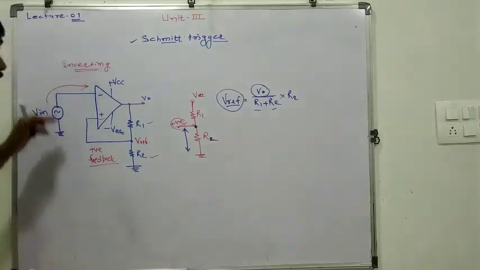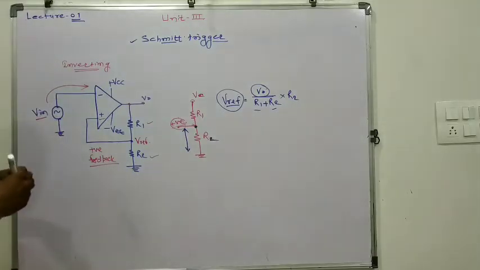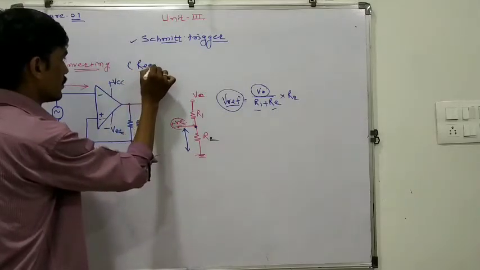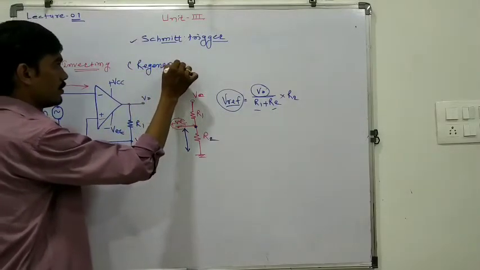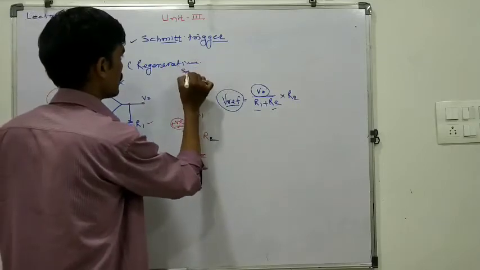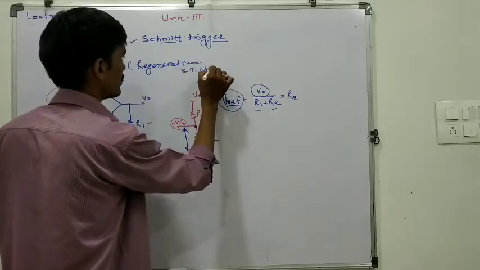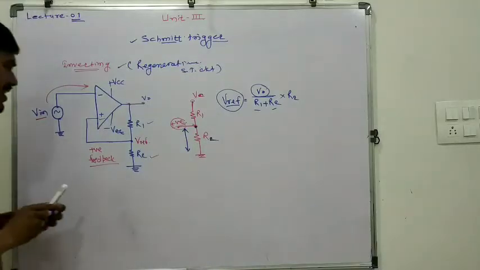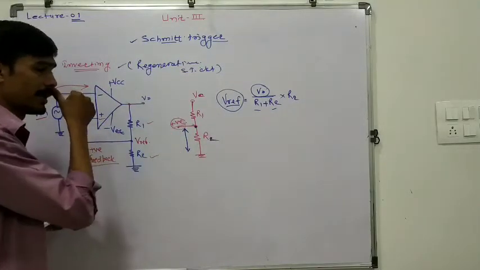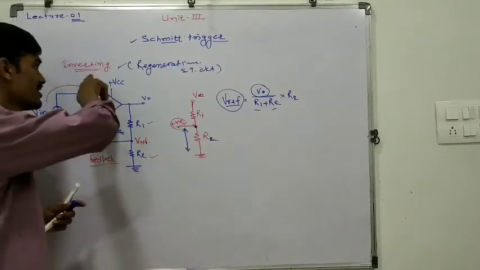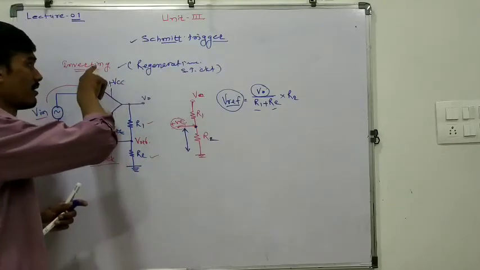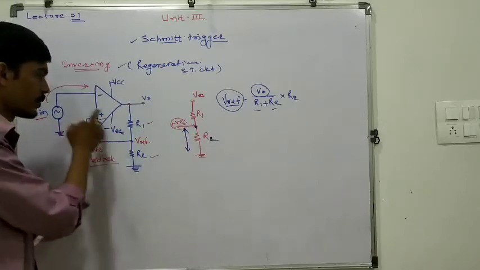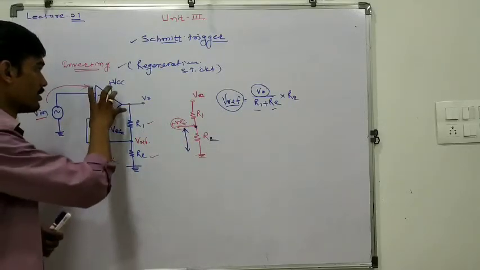So this inverting Schmitt trigger circuit may be called a regenerative Schmitt trigger circuit, or regenerative inverting Schmitt trigger circuit, because of this positive feedback.